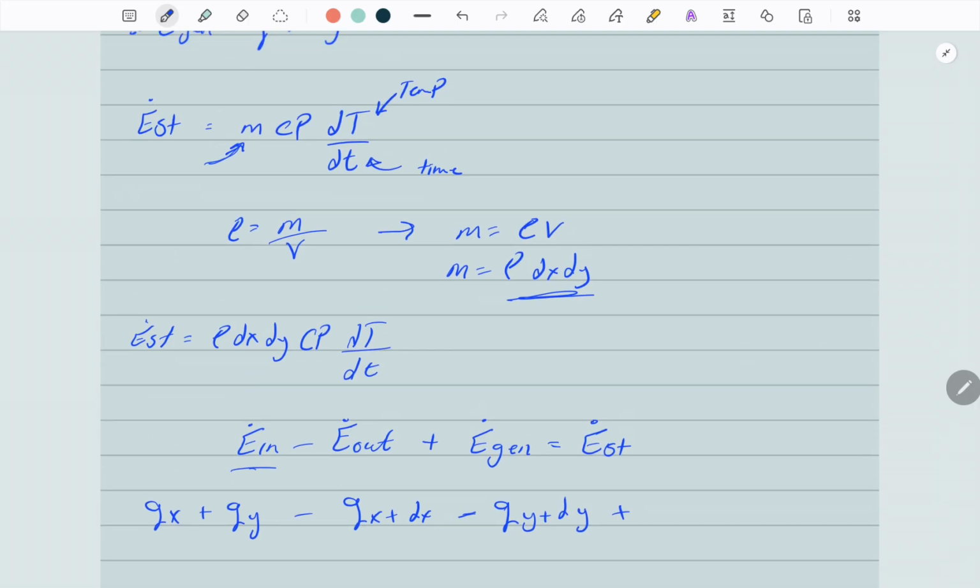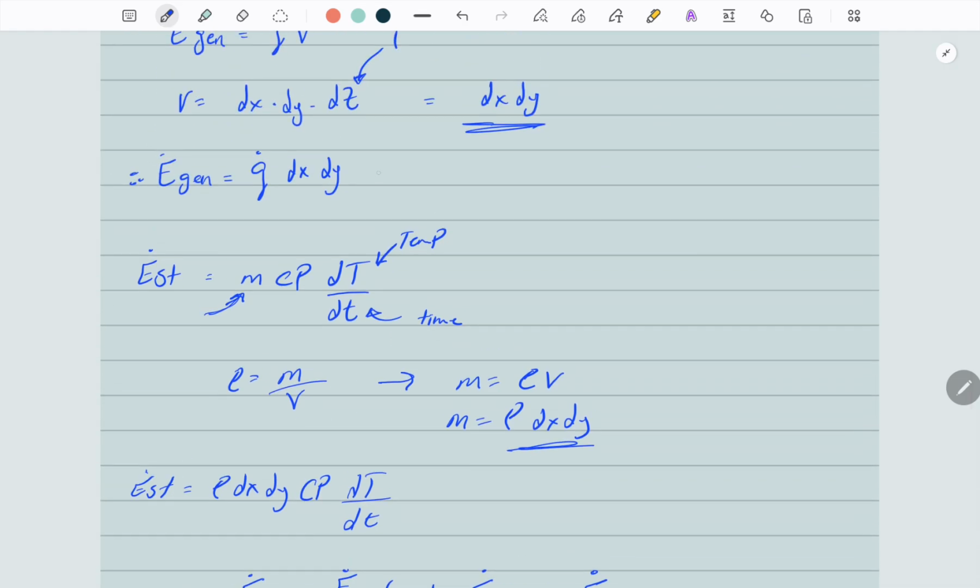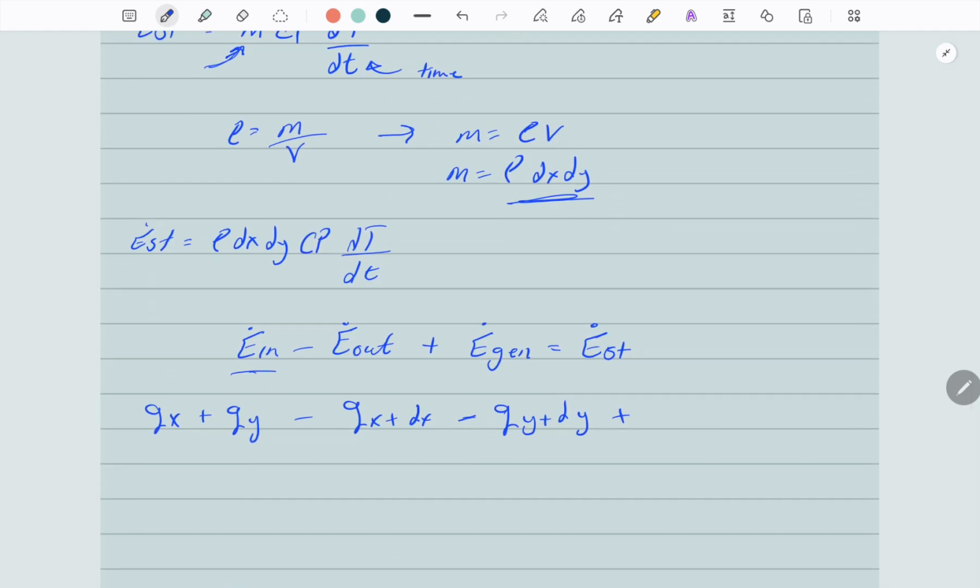plus energy generated, which is q dx dy, will equal energy stored, which is density times dx dy Cp delta temperature over delta time.